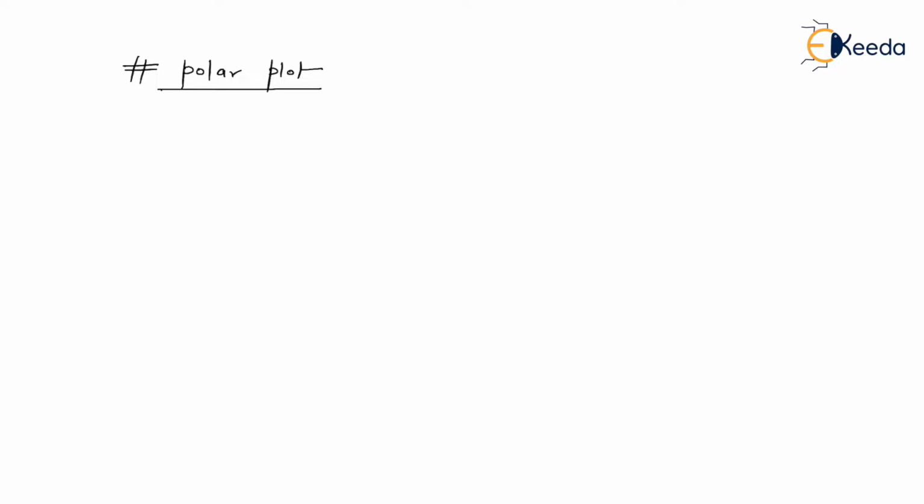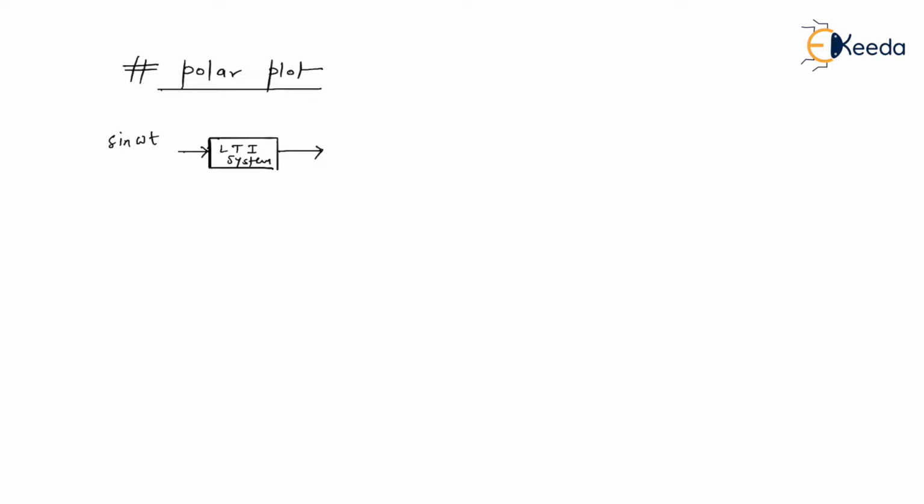To understand that, let us recollect the system, and to be very specific, let us consider some LTI system. Let us assume it has an input that is sine omega t, and assume the output accordingly.